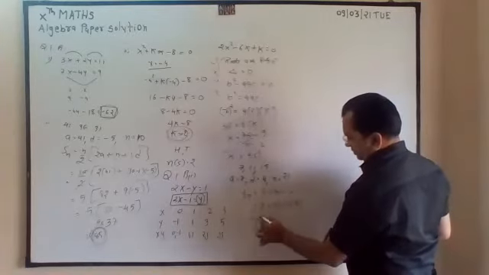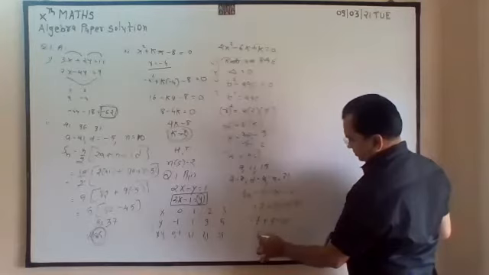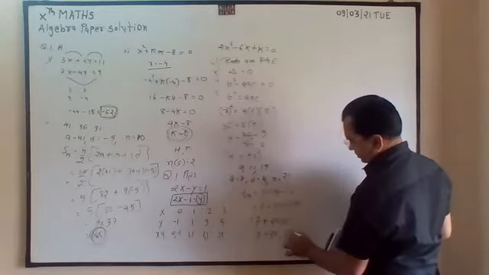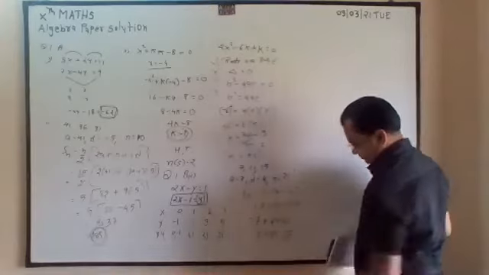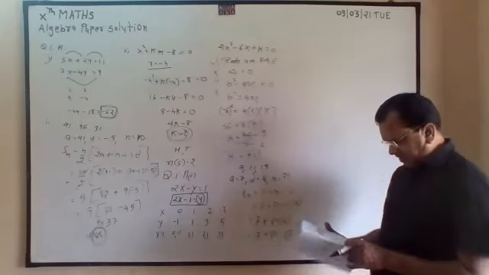So this is 7 plus 20 fours, 7 plus 80, 87. So that number will be 87.